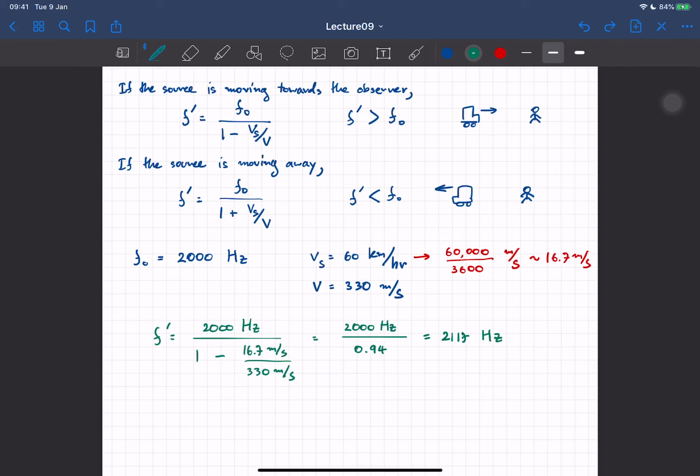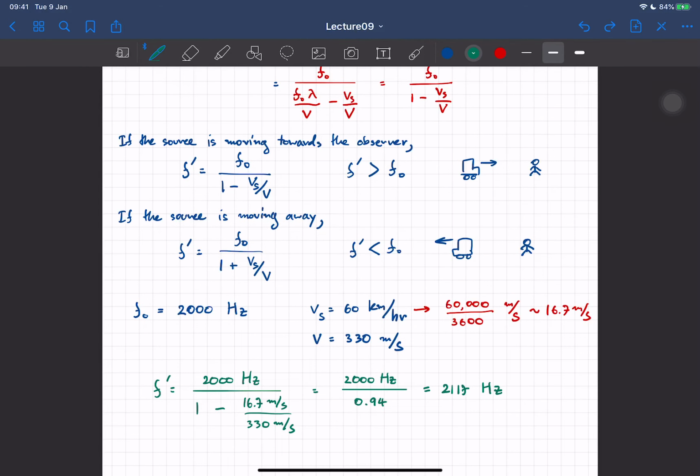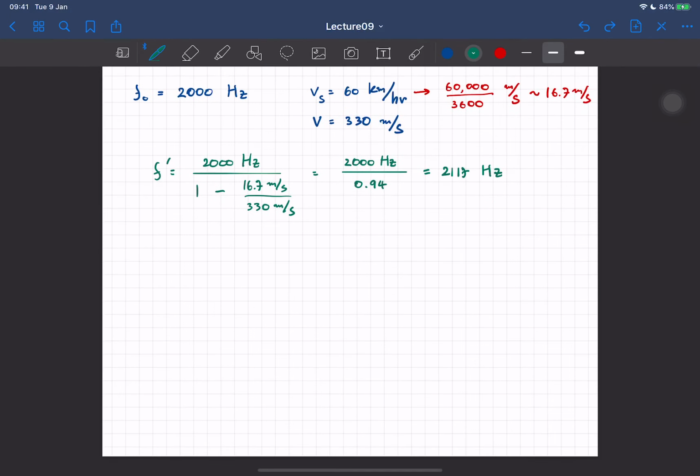Okay, so that's one case. Well, it seems like two cases, but it's actually just one, which is the source is moving, but the observer is not moving. We're going to look at the other case. Okay, so let's talk about that.